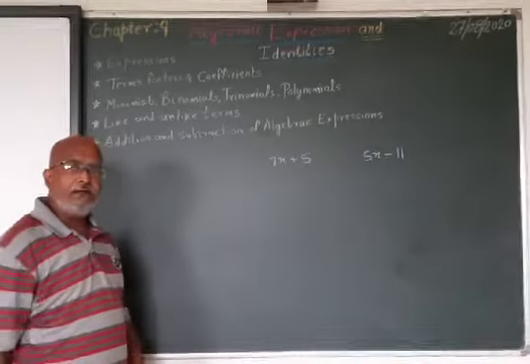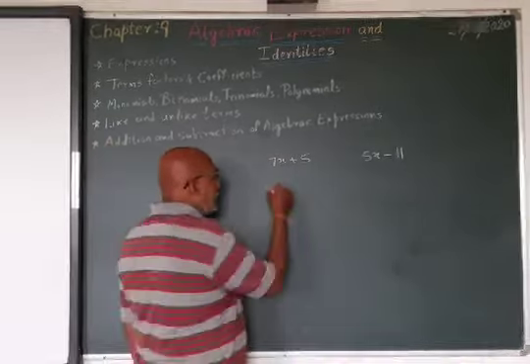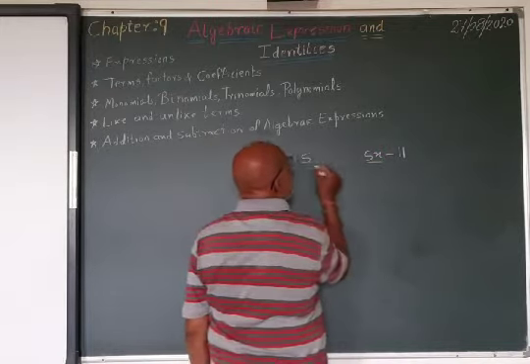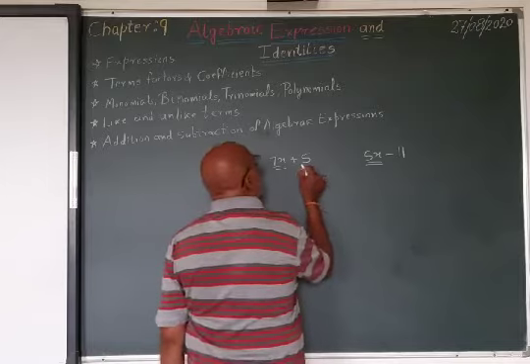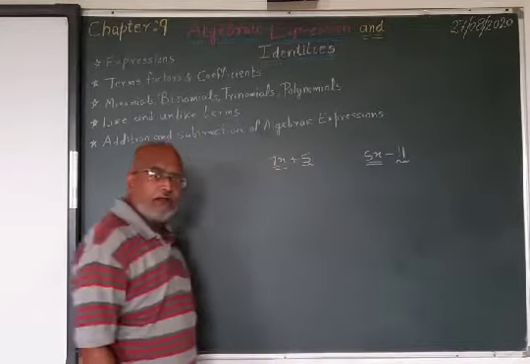Now these are different terms, but here you can see 7x, and here also the x is there. The coefficient may differ, but as the variable is the same, we can say these two are like terms. And this is obviously a constant, no variable, so this is also a pair of like terms.